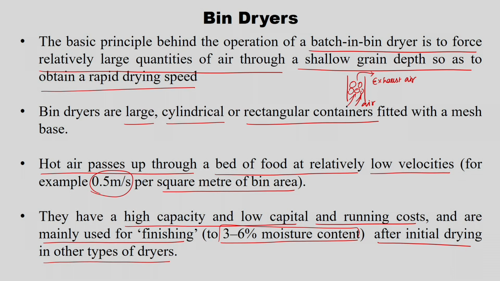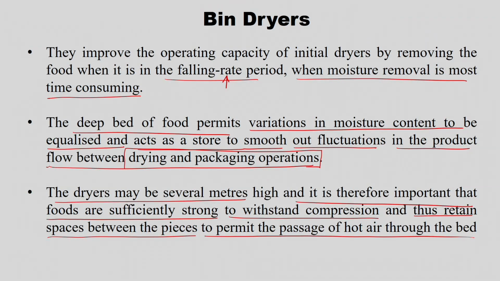In that case the food should withstand the compression, as well as there should be space between the food material for the air to pass through, otherwise the drying will not be done equally. Okay, so this is about bin dryers, the first dryer we are discussing today in the food processing industries.